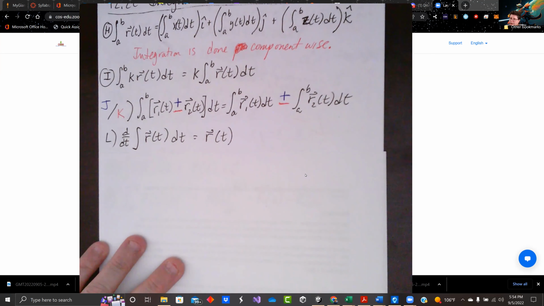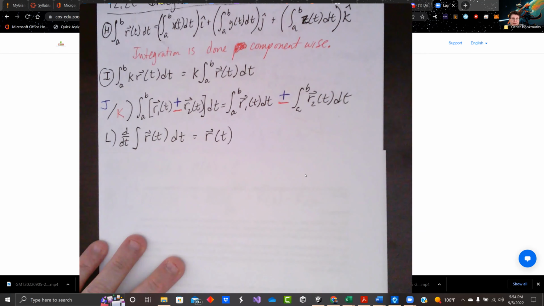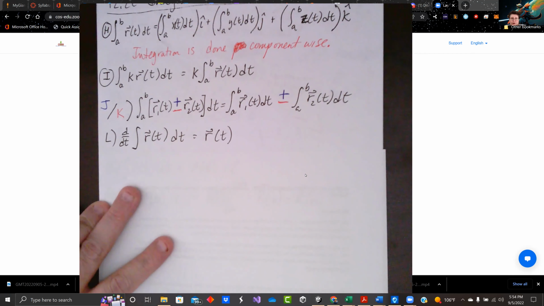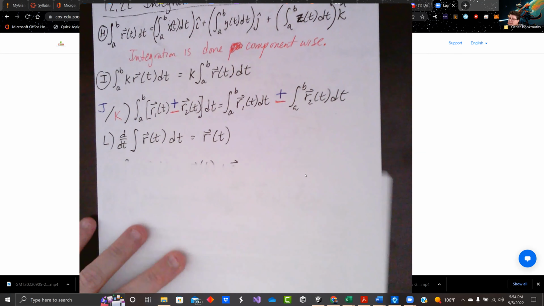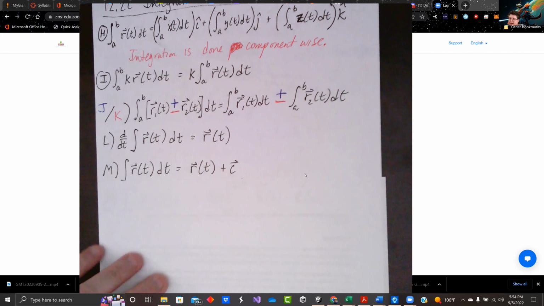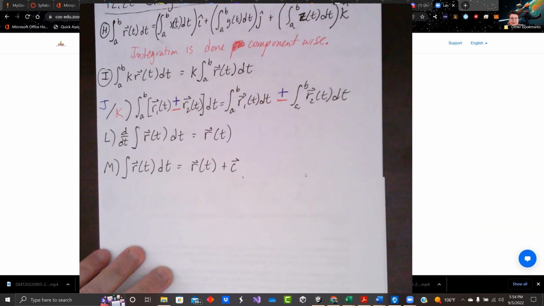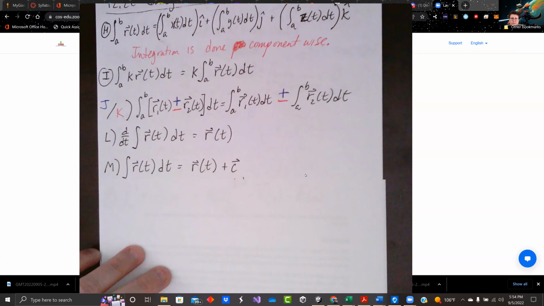Then there's the good old rule where the derivative and the integral cancel out. The time derivative of the integral of r of t dt is just r of t. If we do not have limits of integration on it, we have to add a constant. That was true with f of x. It was f of x plus c, or big F of x plus c.